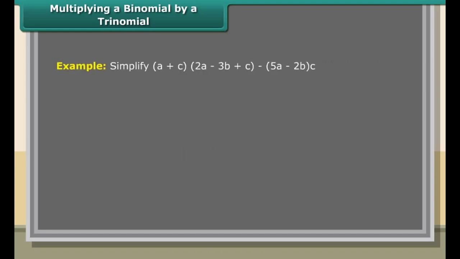Example: simplify (a + c)(2a - 3b + c) + (5a - 2b)c.